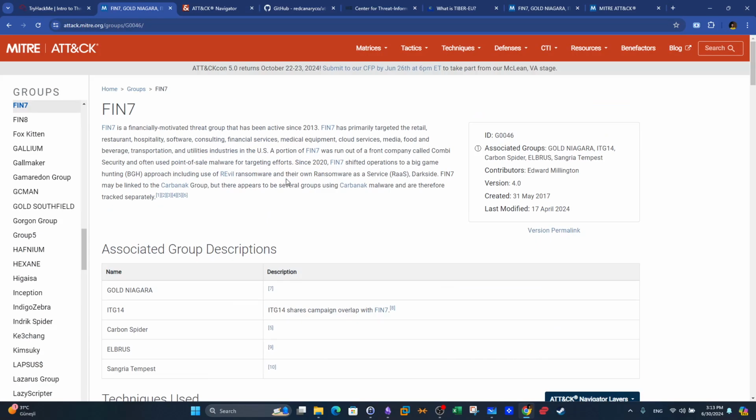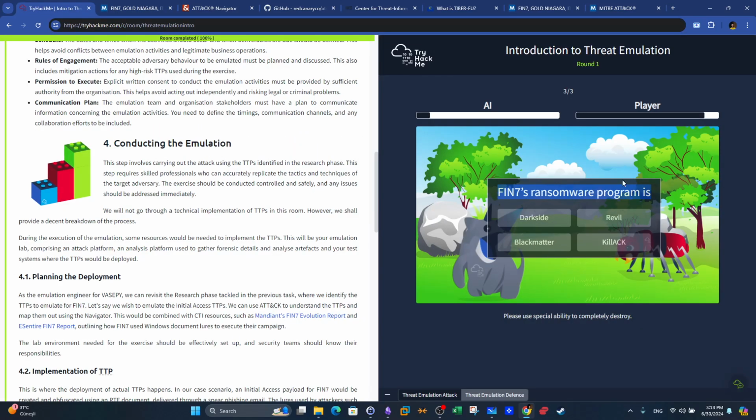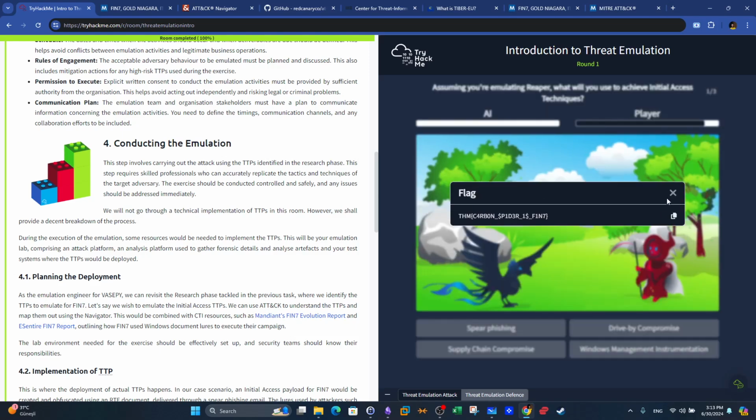If you go up, you can see that in Finn's, they shifted operations to a big game hunting approach, including use of REvil ransomware and their own ransomware as a service, Dark Side. So it is Finn's ransomware. REvil is a known ransomware, but it is not Finn's, right? So it is Dark Side. Round 2 now.